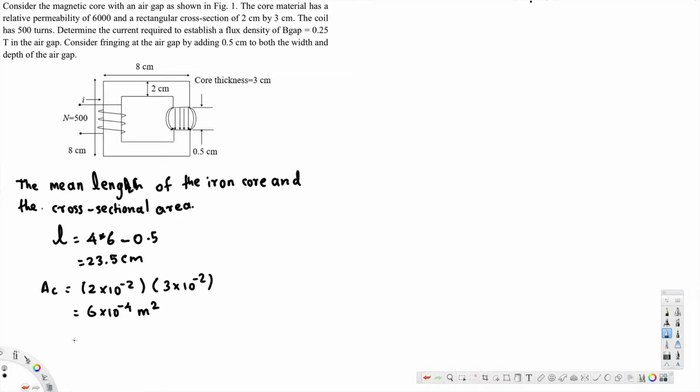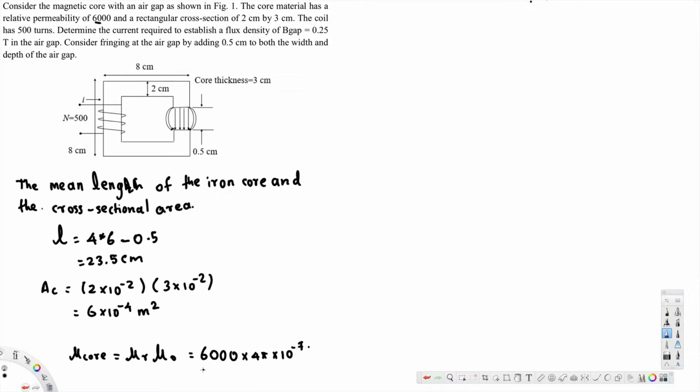Now the next thing is we are going to calculate the permeability of the core, mu core. That can be calculated using mu r times mu naught. Mu r is given in the question, 6000, and mu naught is a constant value, that is 4π times 10 to the power of minus 7.